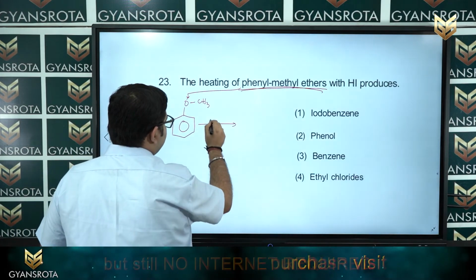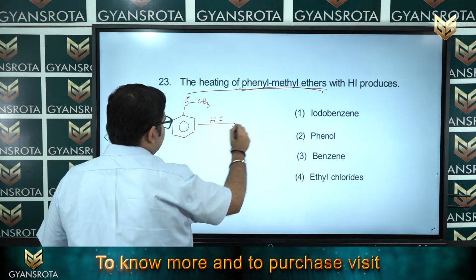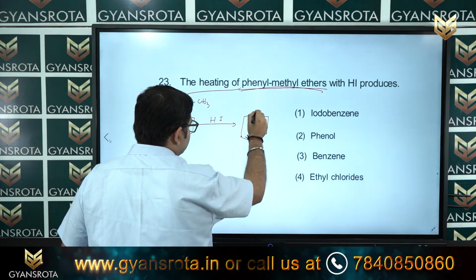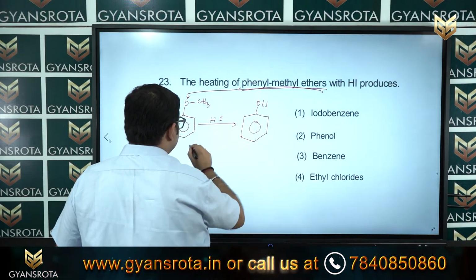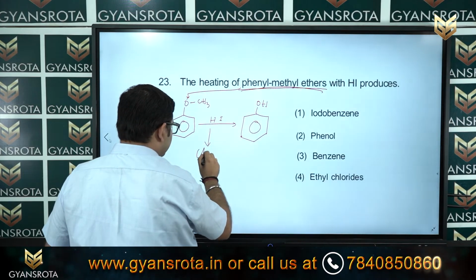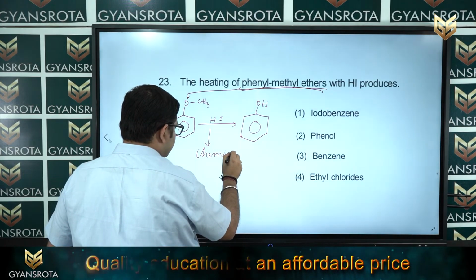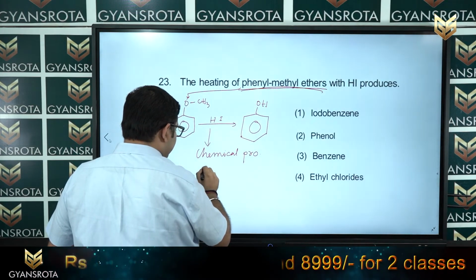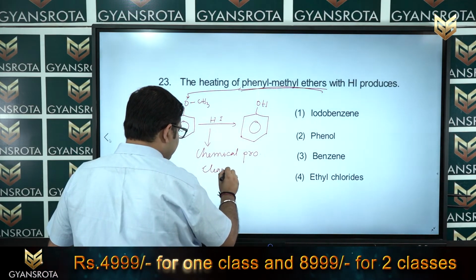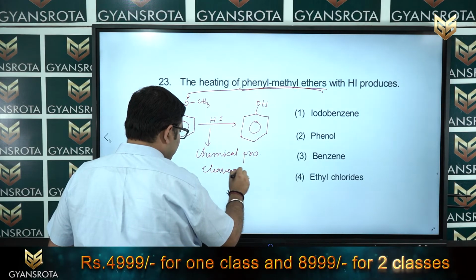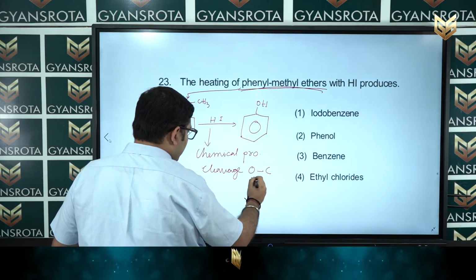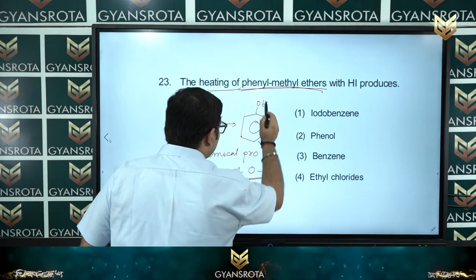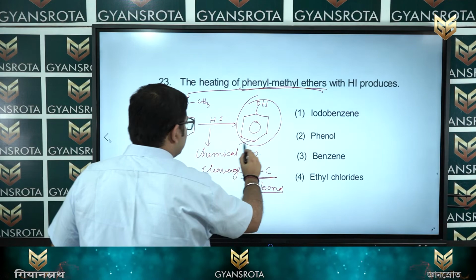When it reacts with HI, it will always produce phenol, and this is the chemical property where cleavage of the O-C bond happens, and as the product we get phenol.